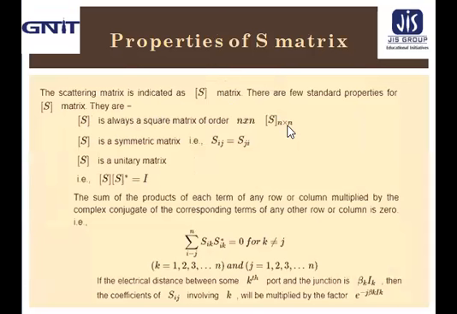Next, S is a symmetric matrix, that is Sij equal to Sji. Also, S is a unitary matrix, that is S into S star equal to I.